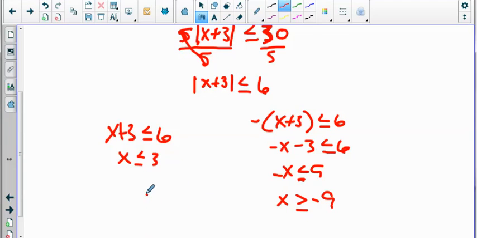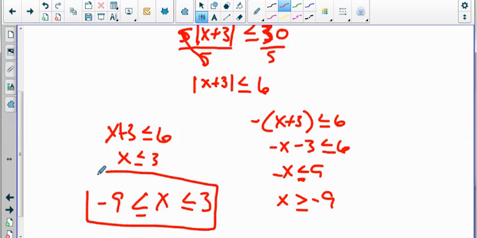So that is an and. Both inequalities go to the left. The x goes in the middle. Which number is smaller, the 3 or the negative 9? Negative 9 is smaller. It goes on the left. 3 goes on the right. You need to double check that there are equals signs: there is an equals on that one, and there's an or equals on that one. And that is how you do that great big one right there.